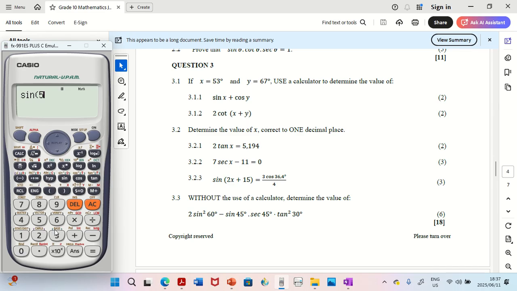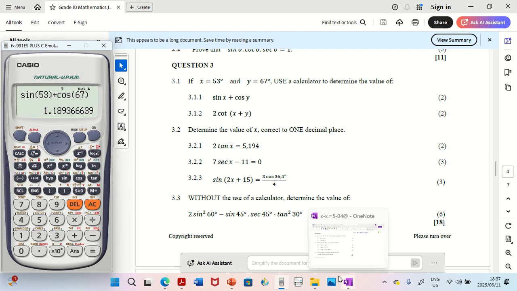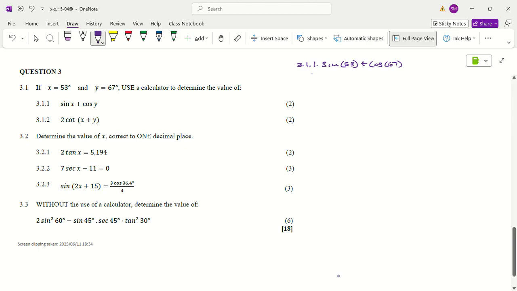So here's 53, and then you close the bracket, plus, and then we go to cos, and cos we press 67, and then you close the bracket, and then this will be equal to 1,189, and then we need to round off to 2 decimal places, and that would be 1,19. So it's equal to 1,19.